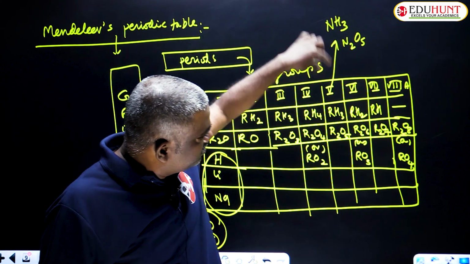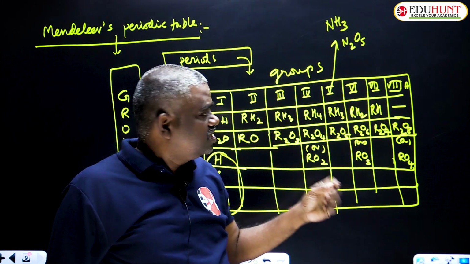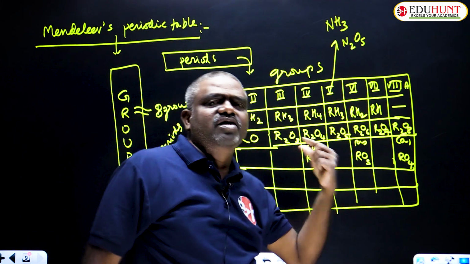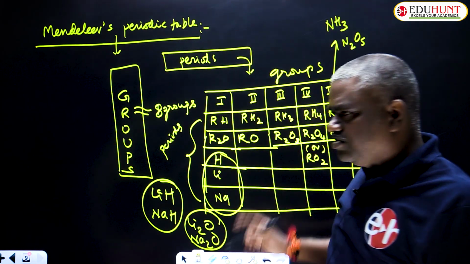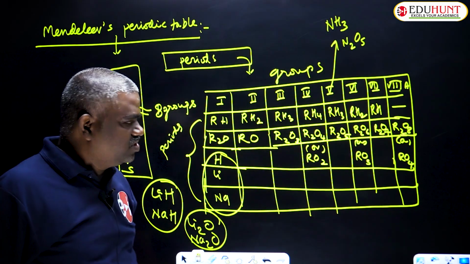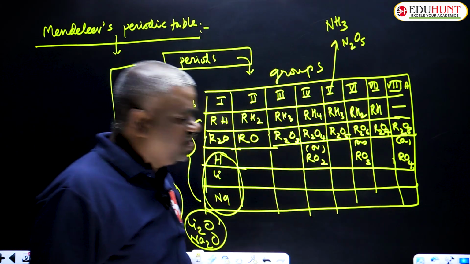In this group, the elements which form compounds like this with hydrogen must be present right here only. So based on chemical character also, the periodic table is arranged.